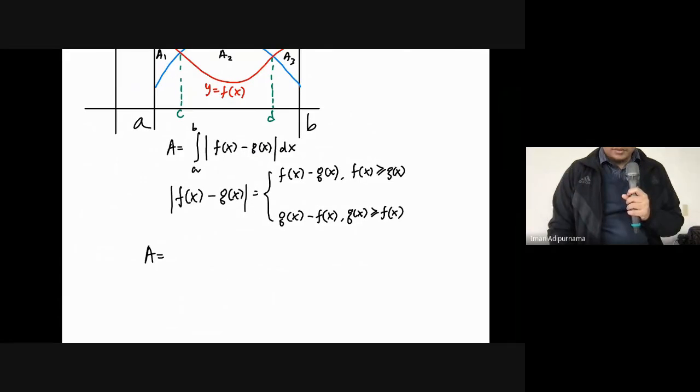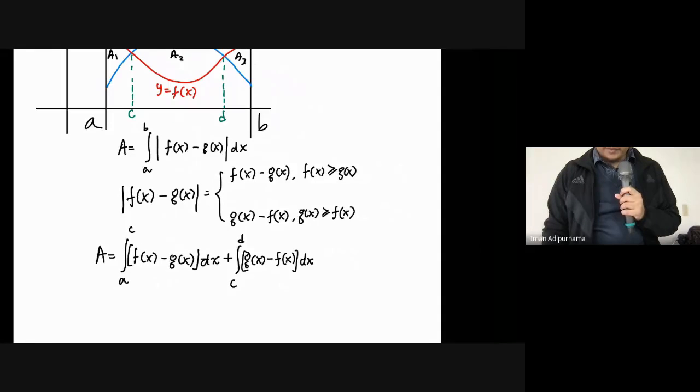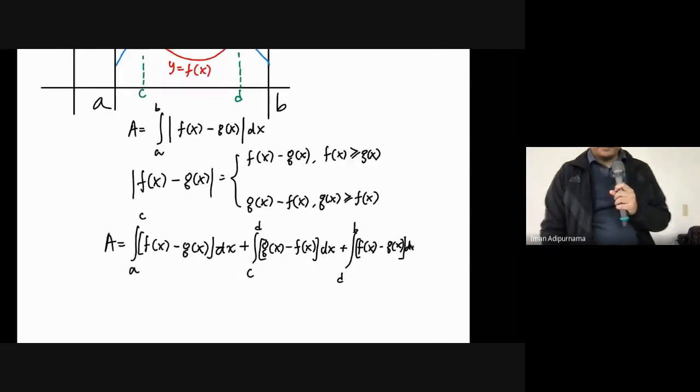For example, you can write A to C, f of x minus g of x dx, plus C to D, g of x minus f of x, and plus D to B. Okay.